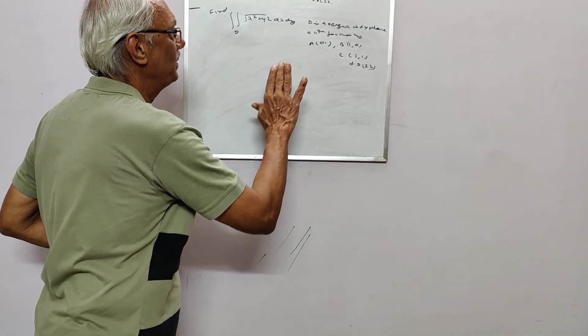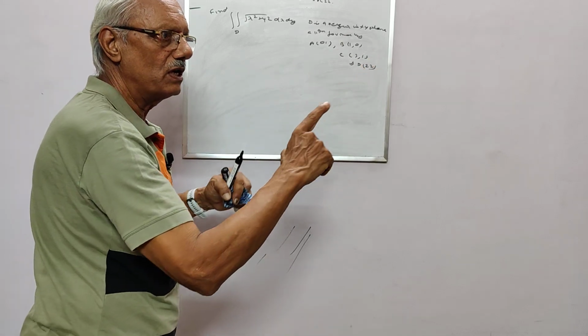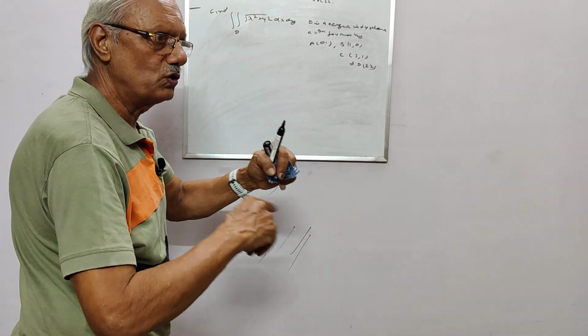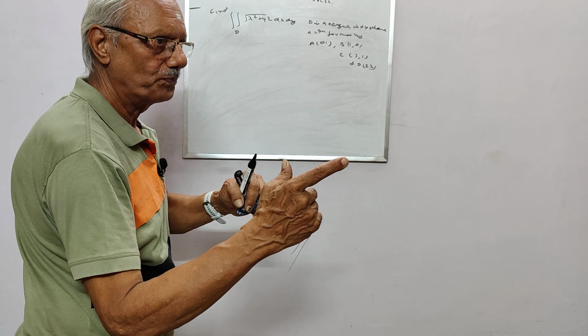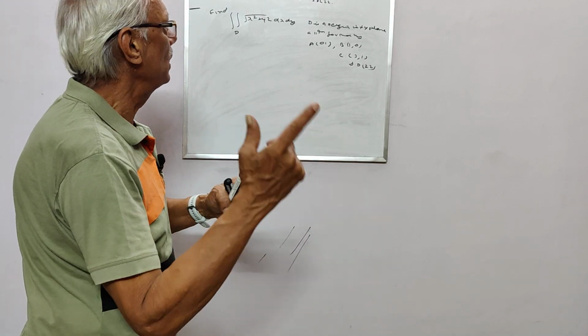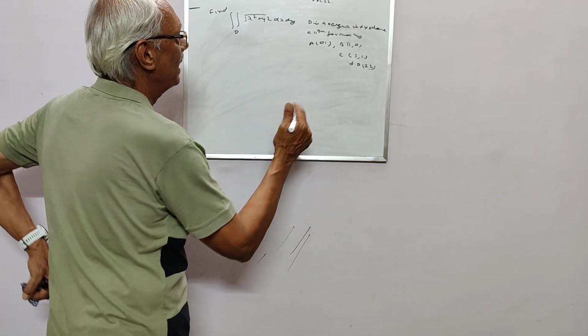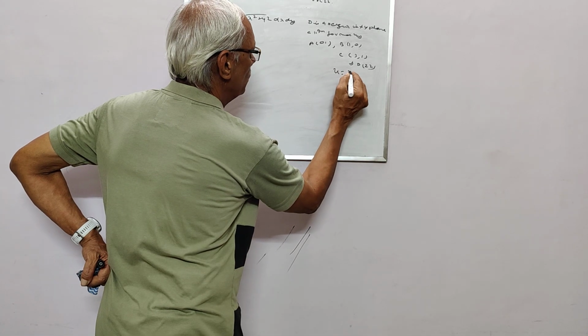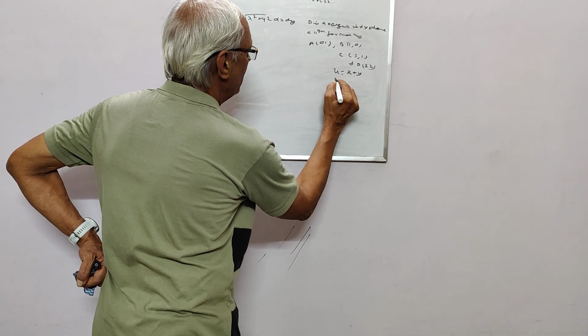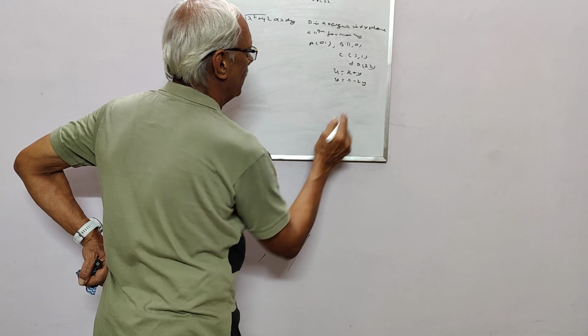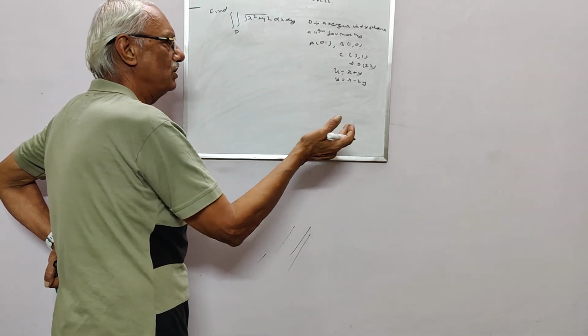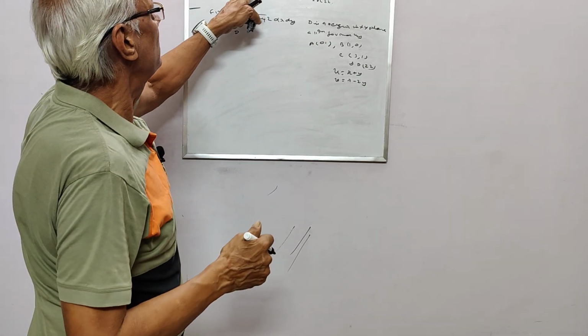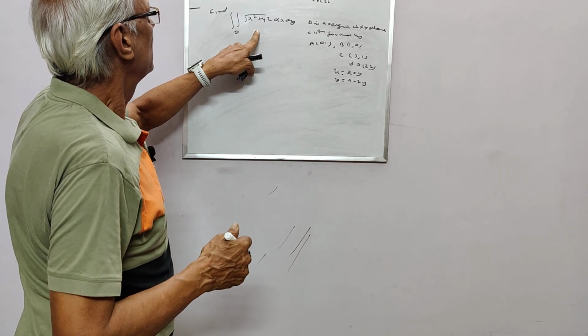This parallelogram will be transferred to another plane, the UV plane, by giving a transformation u is equal to x plus y and v is equal to x minus 2y. Giving this transformation, you should evaluate this particular integral.